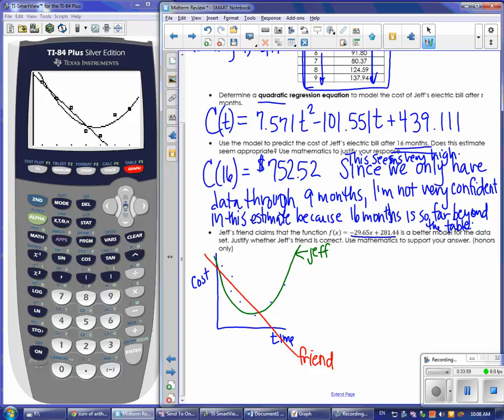Okay, and so you want to make sure that you say something here, in this case, to talk about the change in the direction.